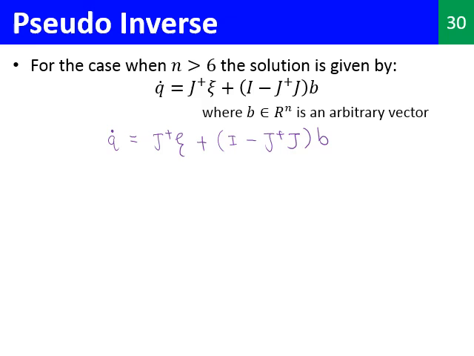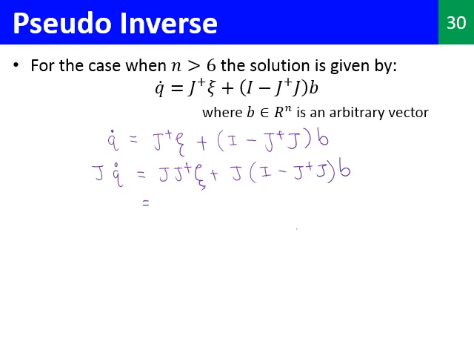Now let me pre-multiply this whole equation by the Jacobian matrix. So J times q dot is equal to J J plus c plus J times (I minus J plus J) b.